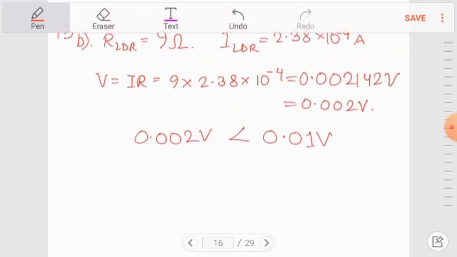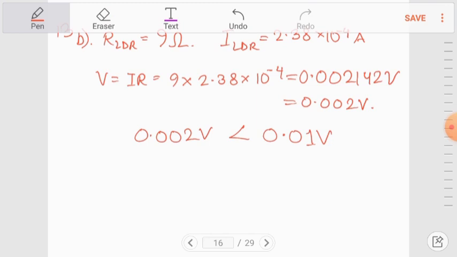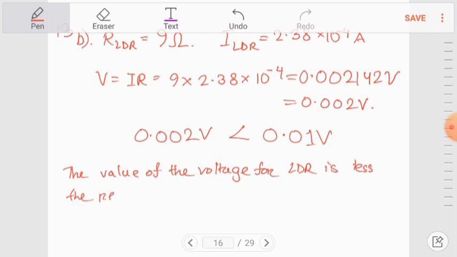So let me write the explanation. The value of the voltage for the LDR is less than the resolution of the voltmeter, so the voltmeter cannot measure or determine the value for it.